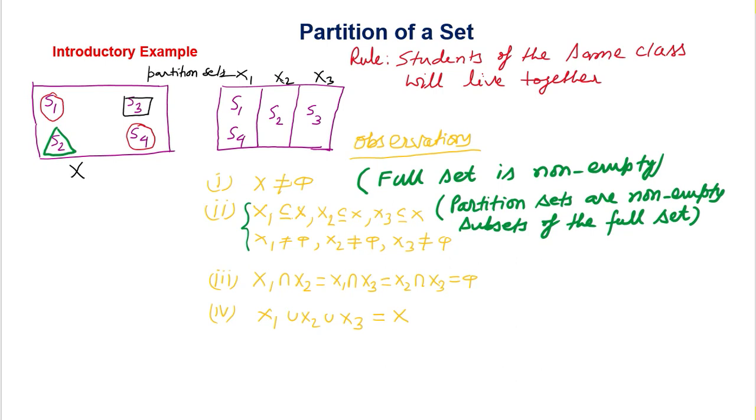The third observation is partition sets are pairwise disjoint.